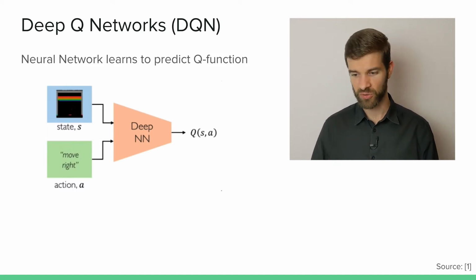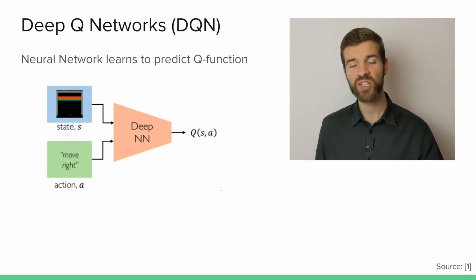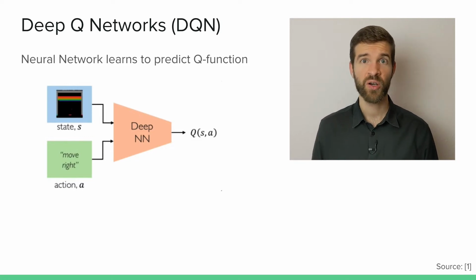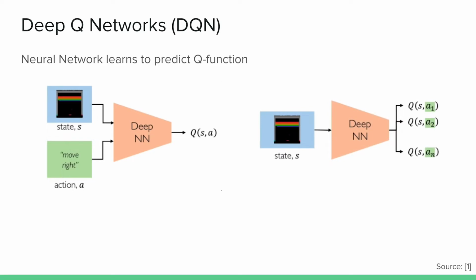When you think about this architecture, it's quite costly, because for each possible action that we can take in our environment with our agent, we have to run it through this network. So we can do a better job here by reformulating the problem and only feeding in the state S through our neural network and predicting the Q functions for all potential actions that we can take at the same time.